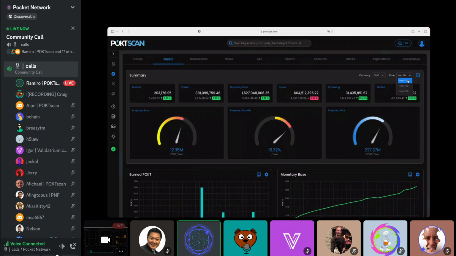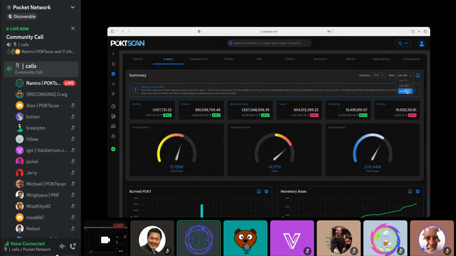But if you choose more than 7 days, for example 30 days or 90 days, you will be prompted with a warning. This is important because if you choose 90 days or 30, the burning projections and other data won't be accurate, because there was no burning 90 days ago.